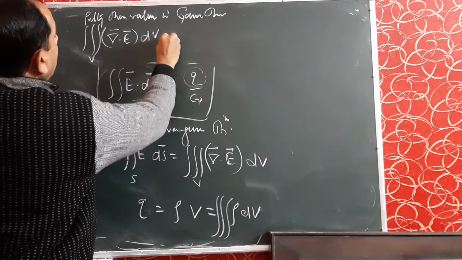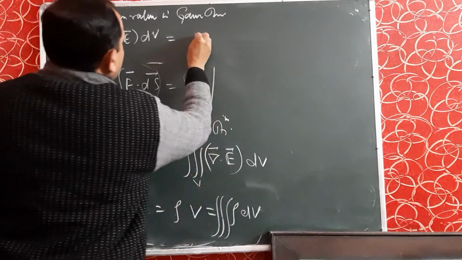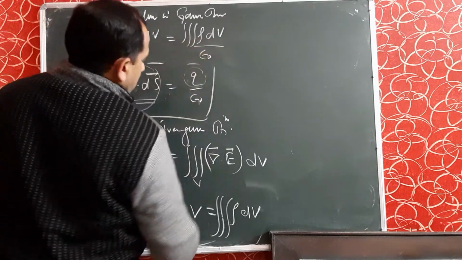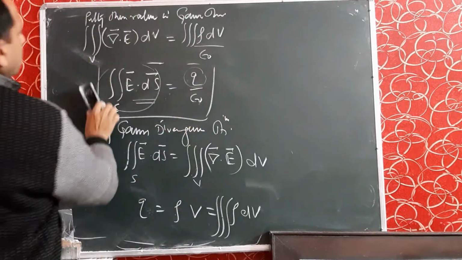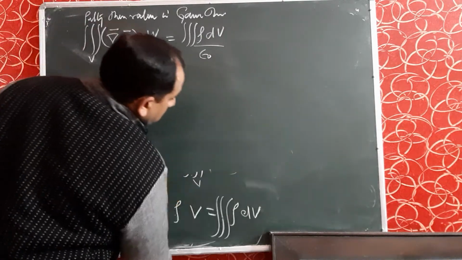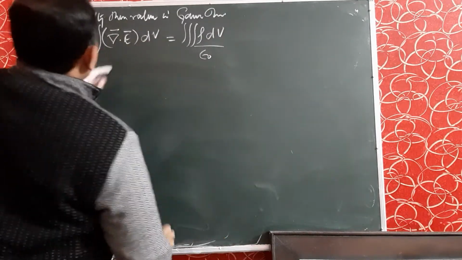And the right hand side Q is this rho into dV triple integral upon epsilon naught. Okay. So this equation is reduced to this type.